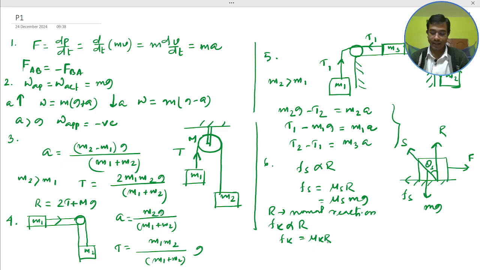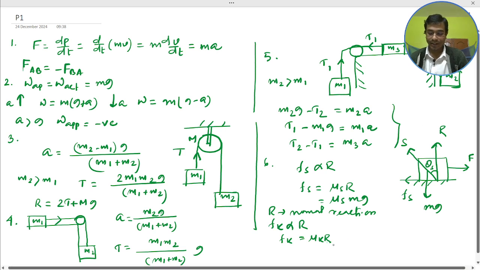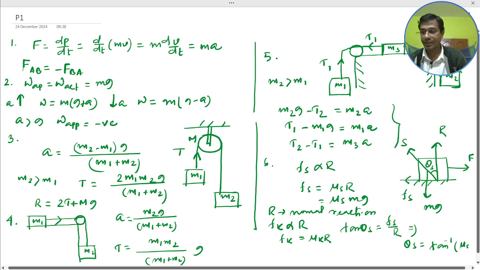And another one, the angle of friction, theta. Basically tan theta s is equal to Fs by R. So here, as Fs is equal to mu s R, you just get theta s is equal to tan inverse mu s.